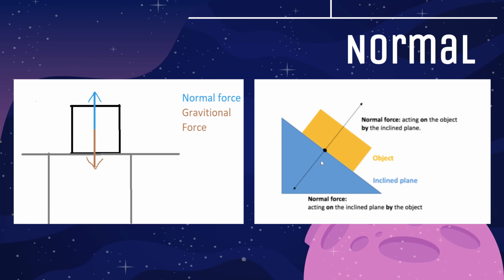It would still be perpendicular, except we'll talk about later how the normal force's magnitude changes. On a flat surface, we could assume that the gravitational force, the weight, is equal to your normal force, because the object is not accelerating downwards. But because it's on an incline, it can accelerate downwards. And that's why normal force is usually less than the force of gravity.